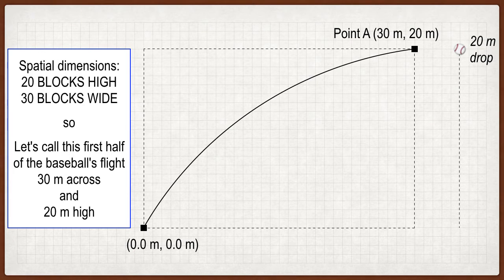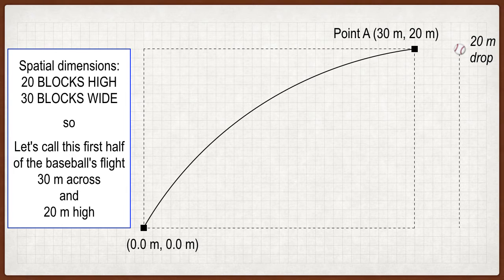Okay? And the key to this is that the drop time from the top of the trajectory back to the outfield is the same as if it was just a straight down drop. Or you could say that the rise time is exactly the same as the drop time.